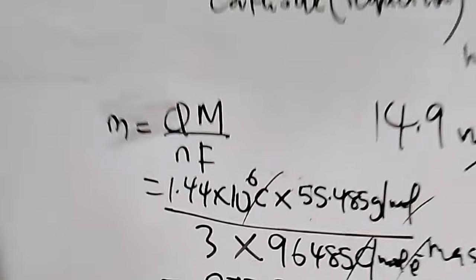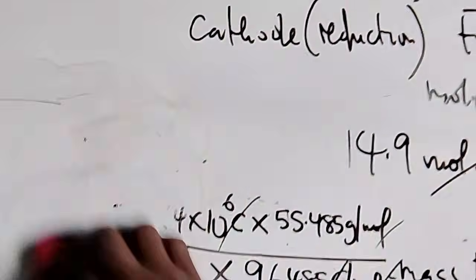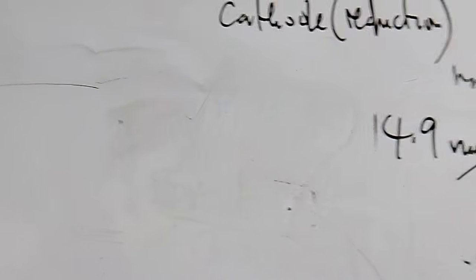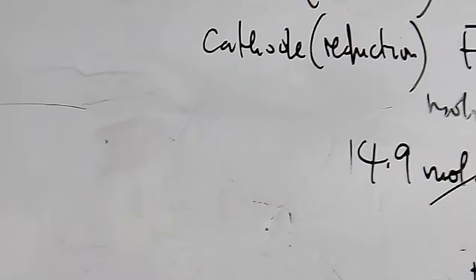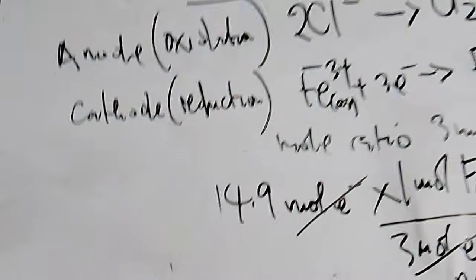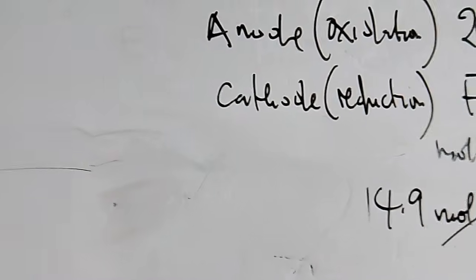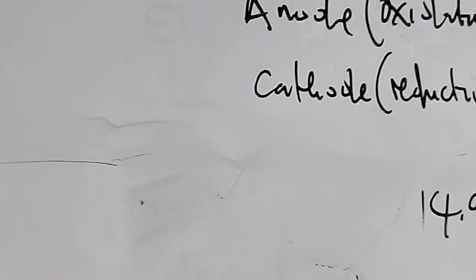Then we now need to calculate the volume of chlorine gas produced. Since we know the moles of electrons produced in the redox, we now just compare.